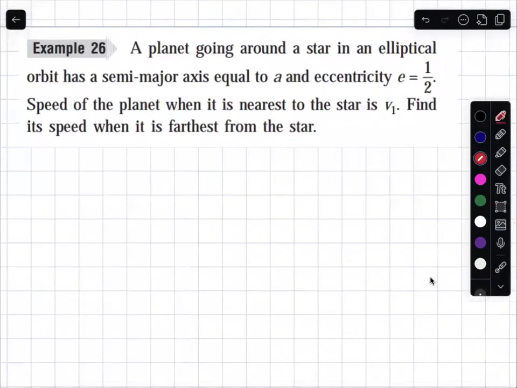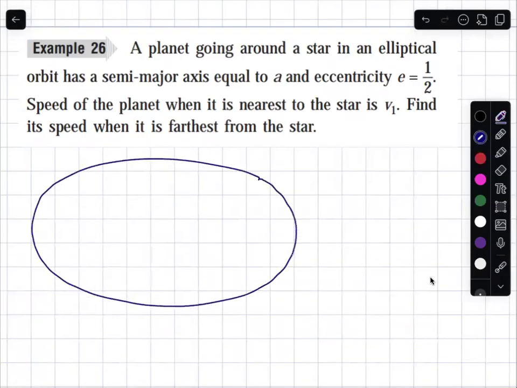A planet going around a star in an elliptical orbit has a semi-major axis equal to A and eccentricity equal to 1 by 2. The speed of the planet when it is nearest to the star is V1. Find the speed when it is at the farthest from the star.